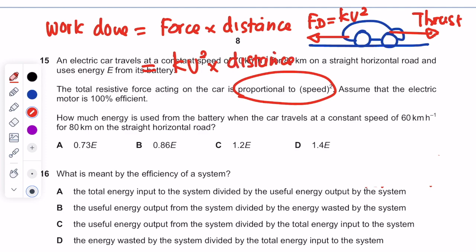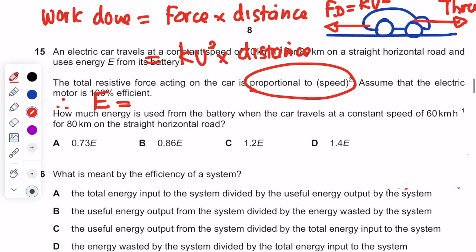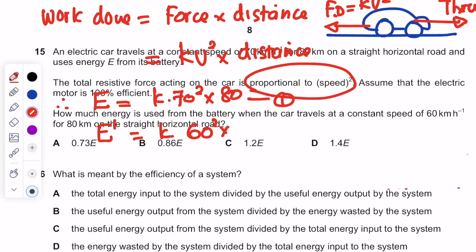Let's think about the first situation. Work done or energy used: speed is how much? It is 70. Okay, k times 70 squared times distance, which is 80. Don't worry about SI units, we are just comparing the numbers. Second situation, let's say E dash is k times 60 squared, distance is still the same.